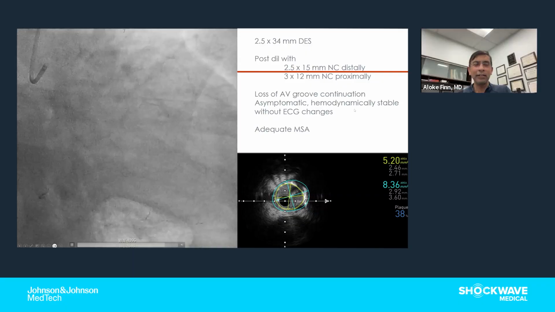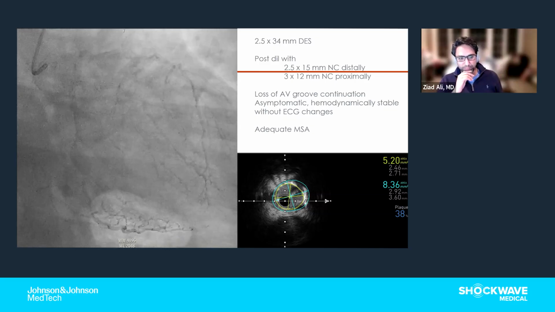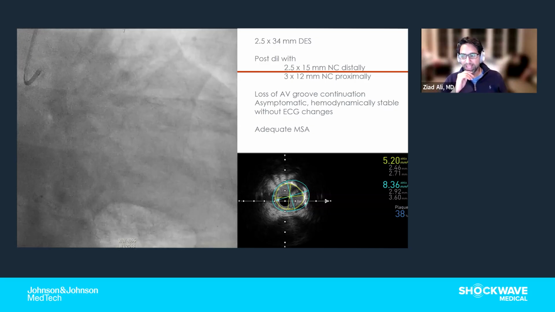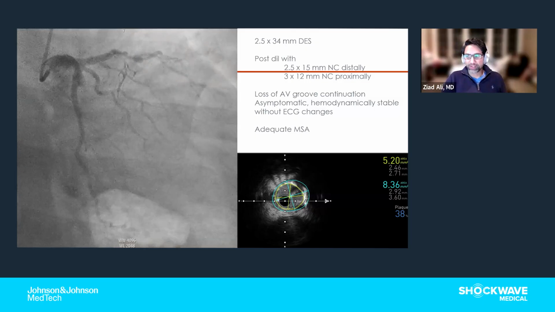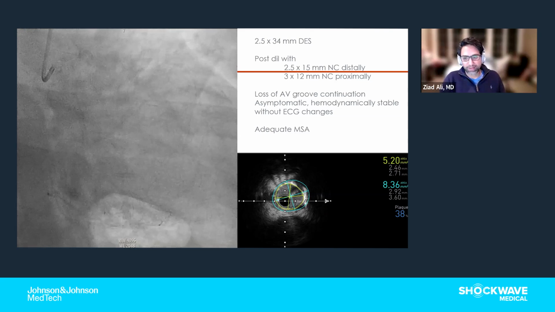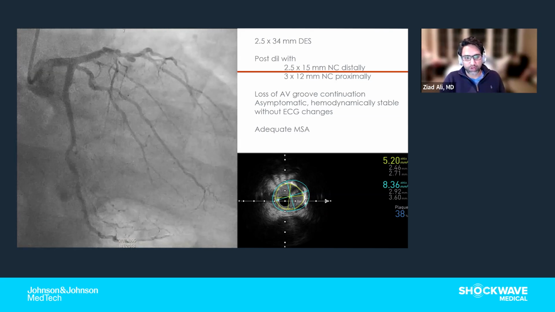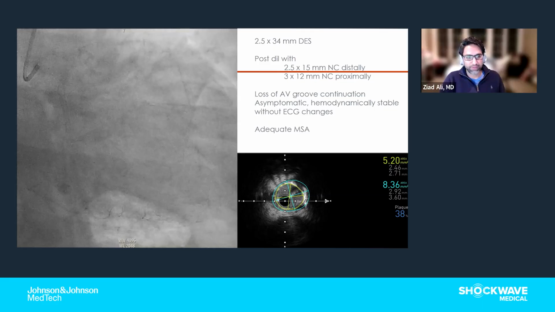I think sometimes when you lose these branches, when you have last remaining conduits, the patients really tank. But fortunately, that wasn't the case here. But I think an MSA of 5.2, our cutoff is generally around 5 for IVUS with a good long-term clinical outcome.